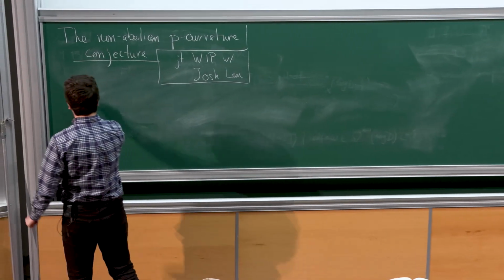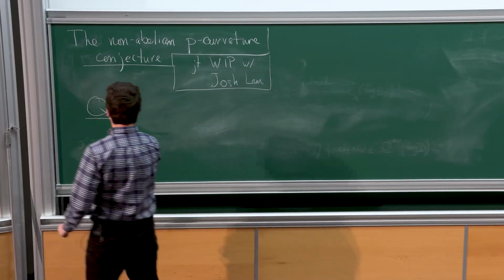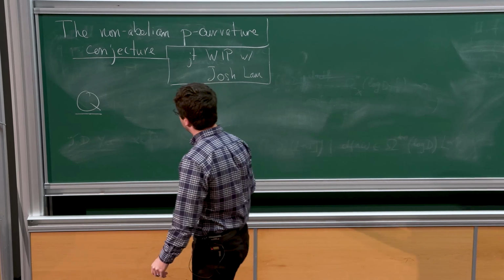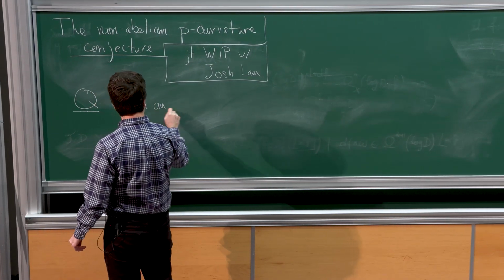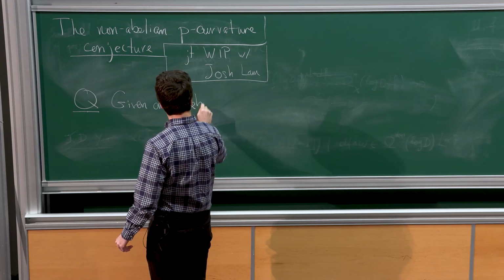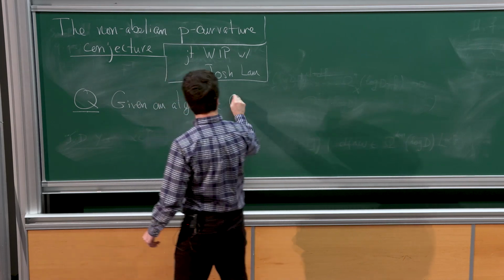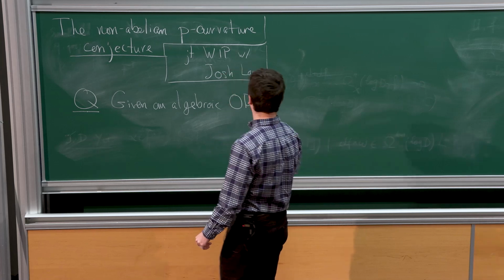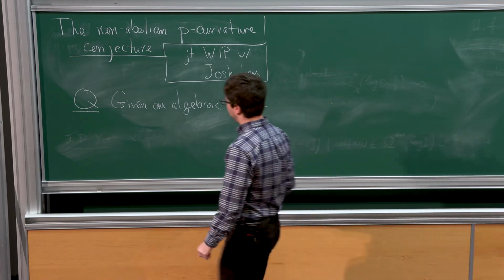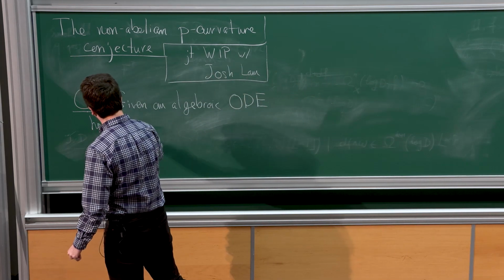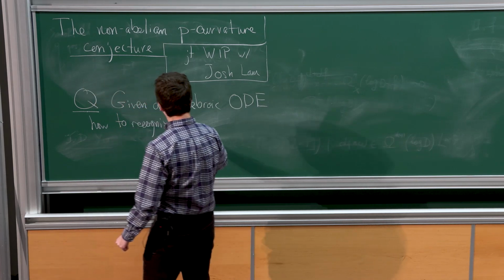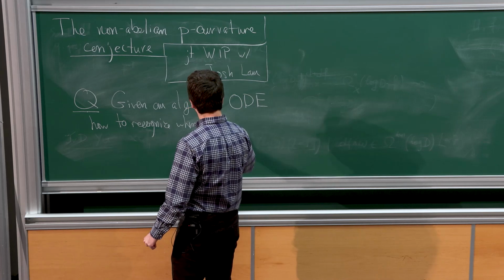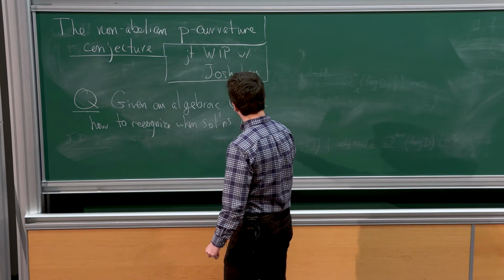All right. So what's the question that's motivating everything I'm going to talk about today? Given an algebraic ordinary differential equation, and I'll be precise about what I mean by this soon, how can you recognize when the solutions are algebraic functions?